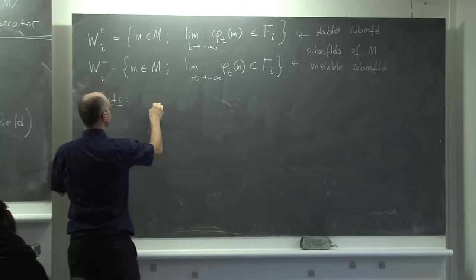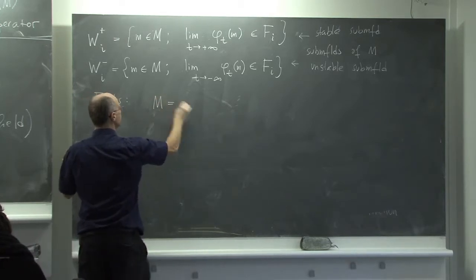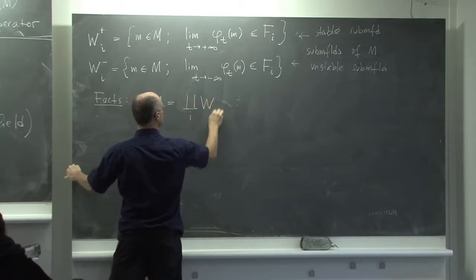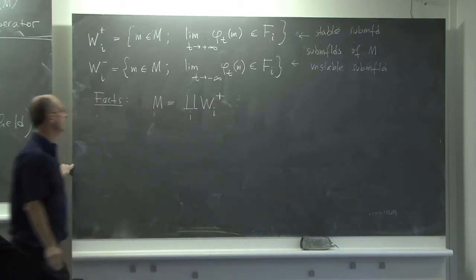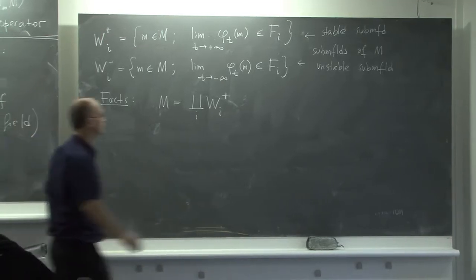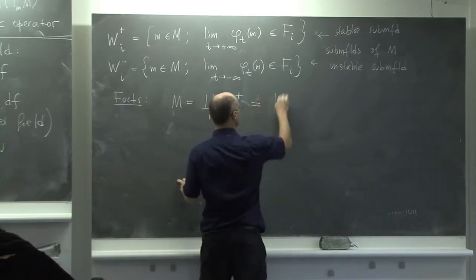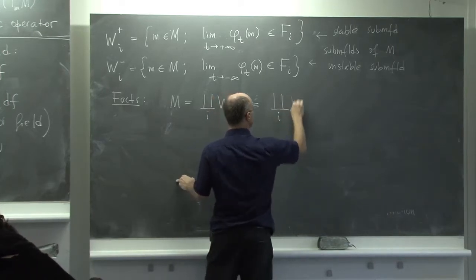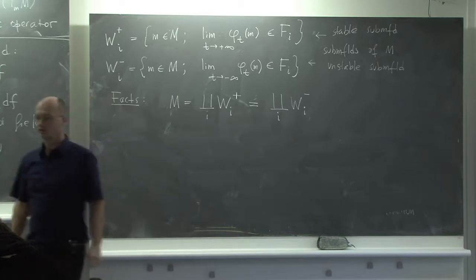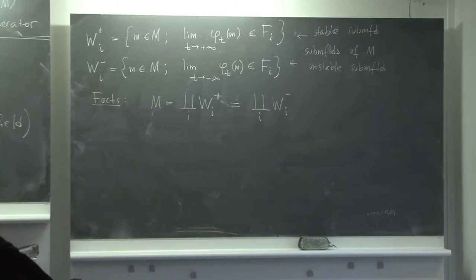So one fact is as follows. We get a decomposition of M into a disjoint union of stable submanifolds, or alternatively a decomposition of M into a disjoint union of unstable submanifolds.